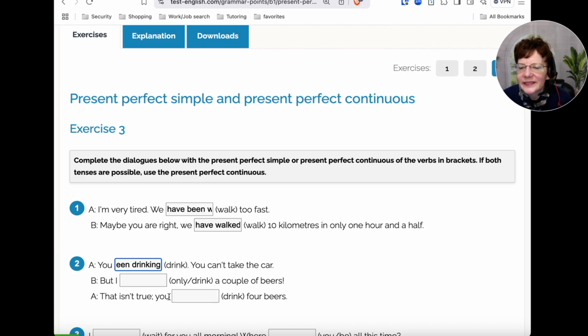And then we got but I, so far, have only drunk. Past participle. That isn't true. You drink four beers. Same form. Have drunk four beers.